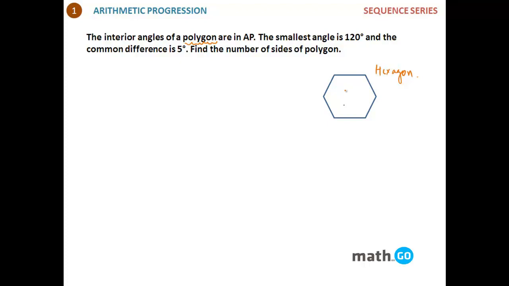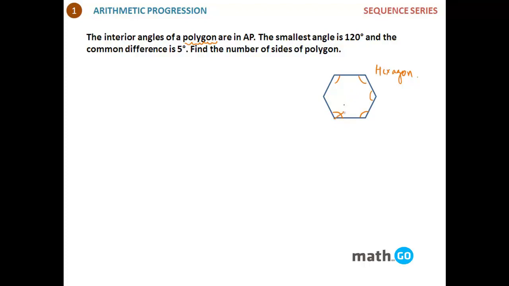So there are 6 sides here, right? This is a regular hexagon, and we need to find the sum of interior angles because interior angles are being used in this question. Let's say this angle is 1, this angle is the other angle, and so on. These are 6 angles. So how do we find the sum of interior angles of a hexagon?